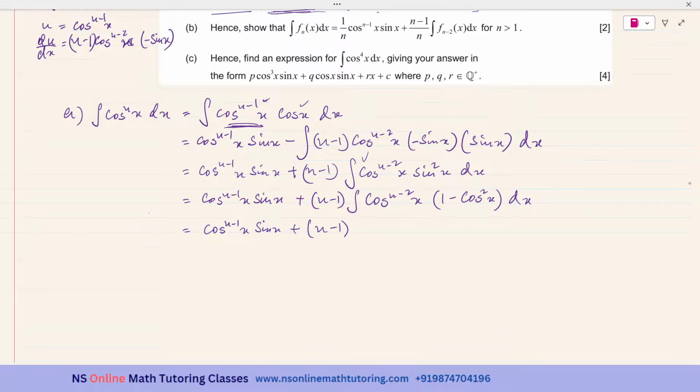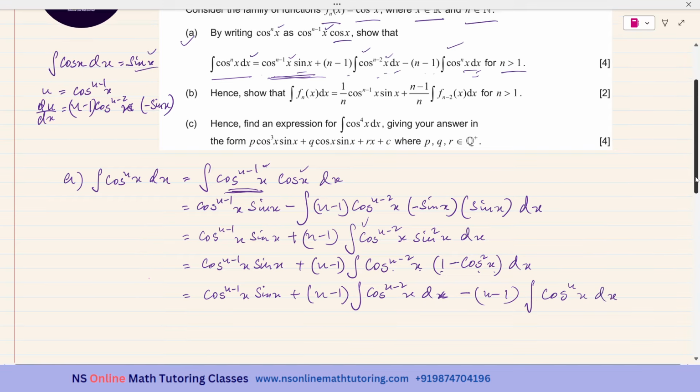So (n-1) cos^(n-2) x times 1 will be equal to cos^(n-2) x dx, and there will be now a negative sign and (n-1) because of this minus sign, and then it will be (n-1), and cos^(n-2) x times cos square x will be cos to the power of n x. Okay, so this will be cos to the power of n x dx.